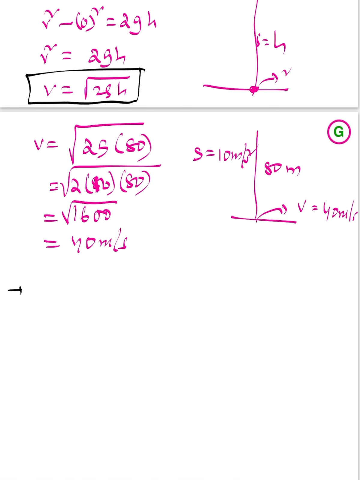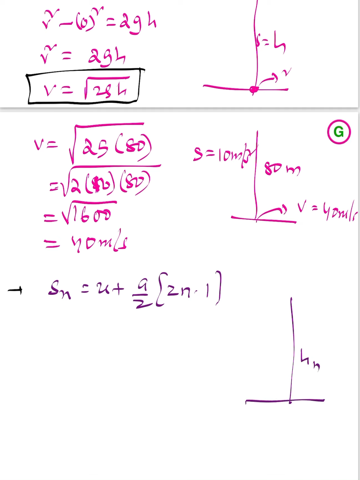And the last equation of motion, the Sn formula: u plus a by 2 into 2n minus 1. Here Sn is to be considered as hn. So hn, with u equal to 0, is g by 2 into 2n minus 1.